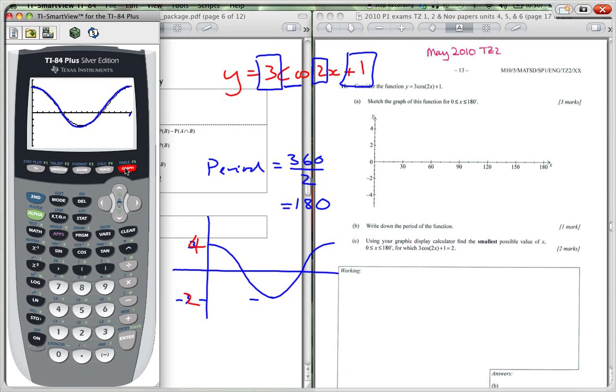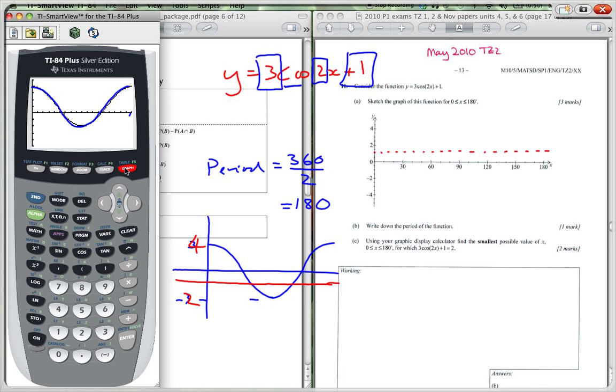Therefore my zero axis would actually come down there. So this line at 1 is the new line that the graph is symmetrical about.